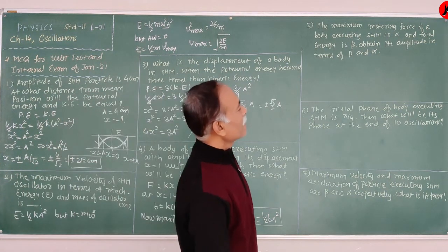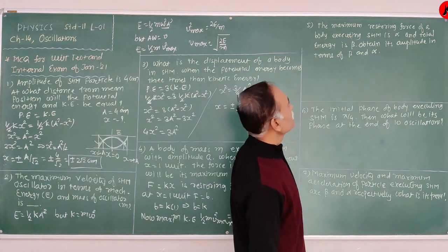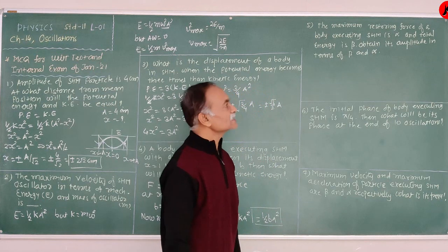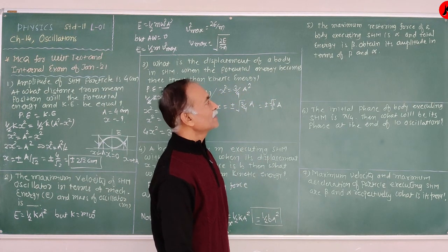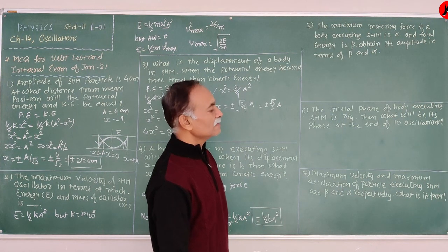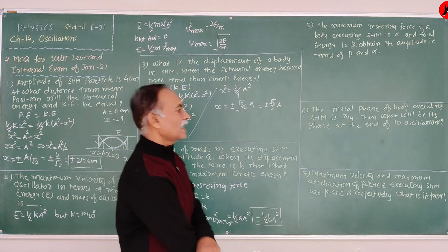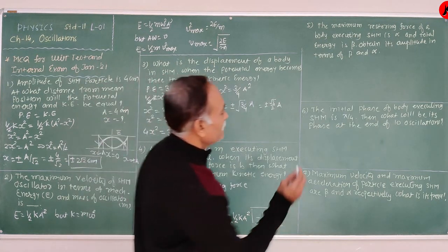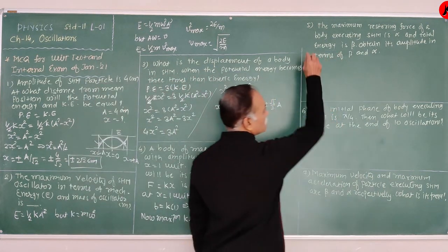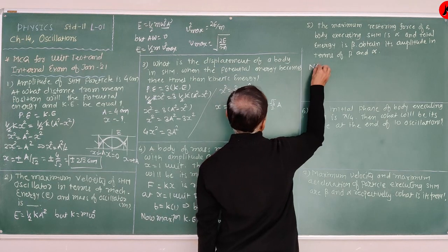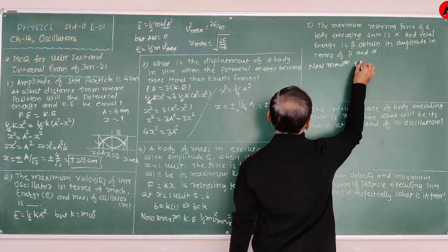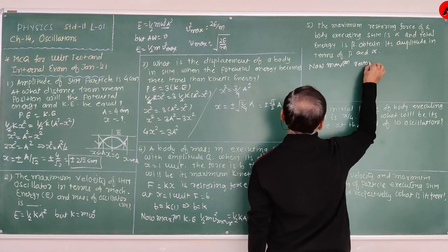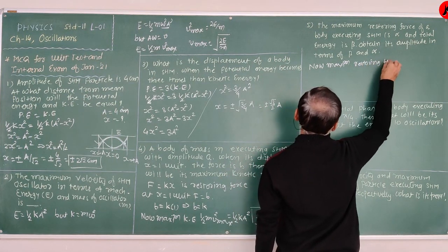Now the next. The maximum restoring force of a body executing simple harmonic motion is alpha, and total energy is beta. Obtain its amplitude in terms of beta and alpha. Now the maximum restoring force acts at the end point.